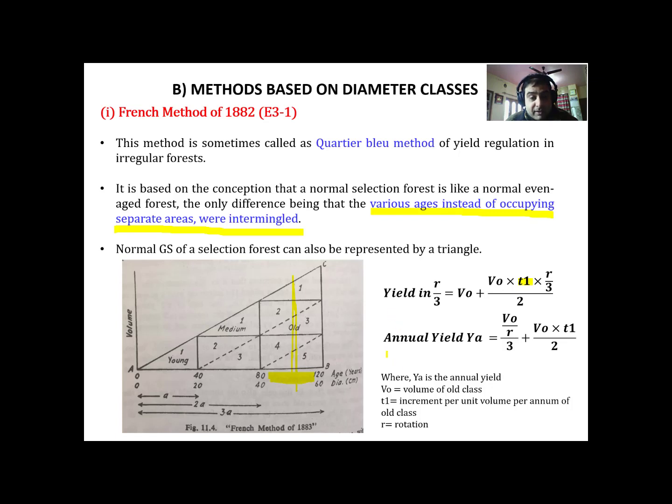Now to convert this into annual yield, we have to divide this total yield by R by 3. So V naught is to be divided by R by 3, and this whole term is also to be divided by R by 3. The R by 3 in this term gets cancelled, so V naught gets R by 3. So this is the formula through which we can estimate yield using the French method.